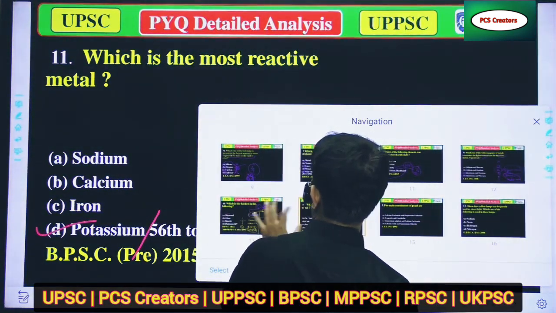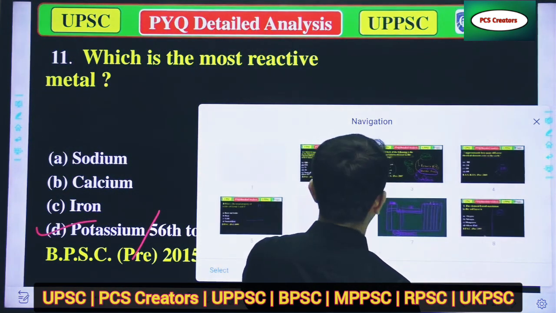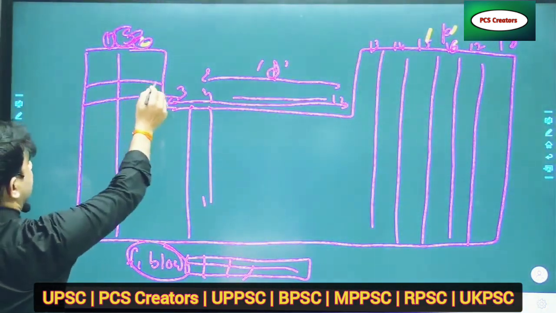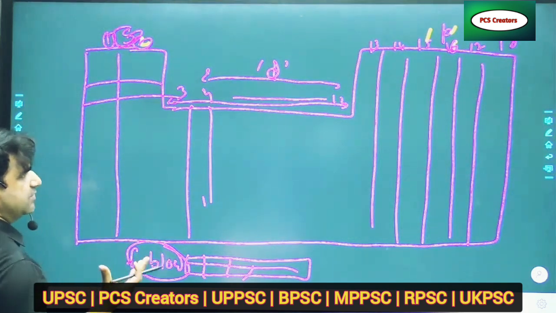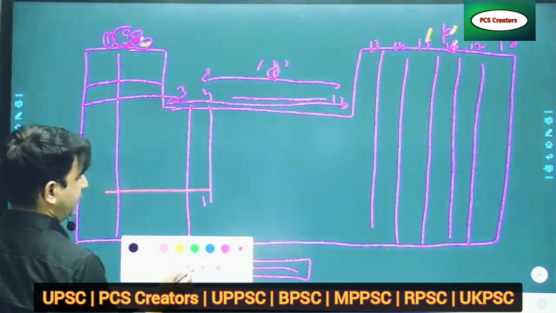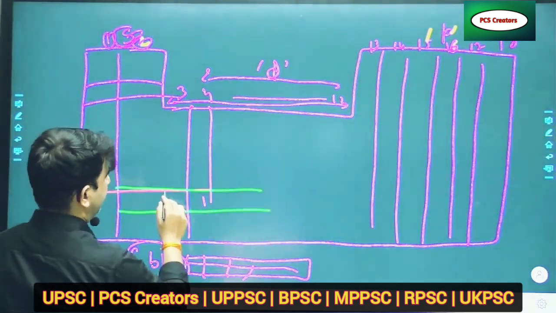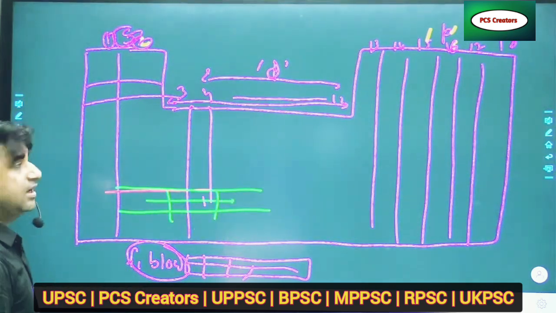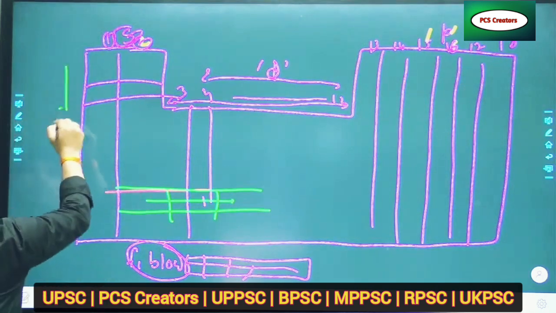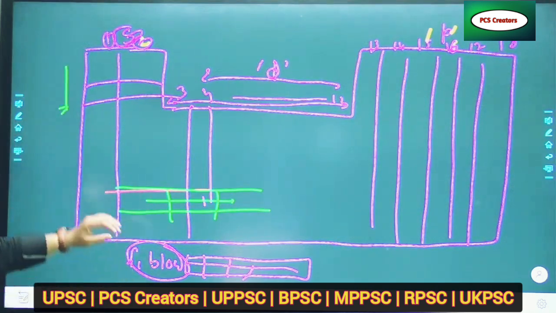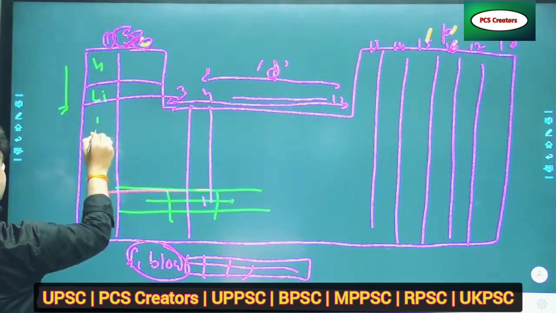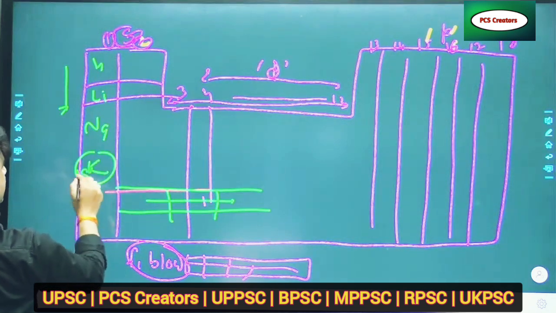In the periodic table, the reactivity of elements increases as we move from top to bottom in a group. So hydrogen, lithium, then sodium, then potassium. Because potassium is lower, it is the most reactive element.